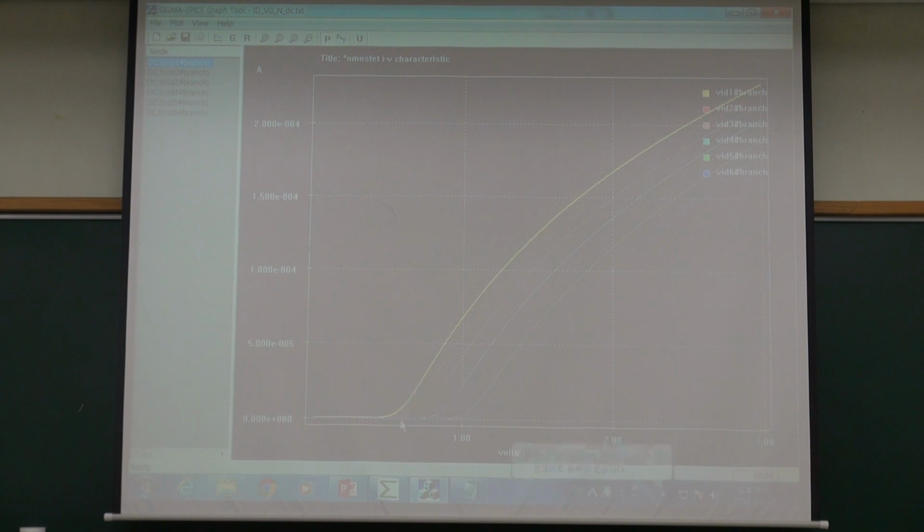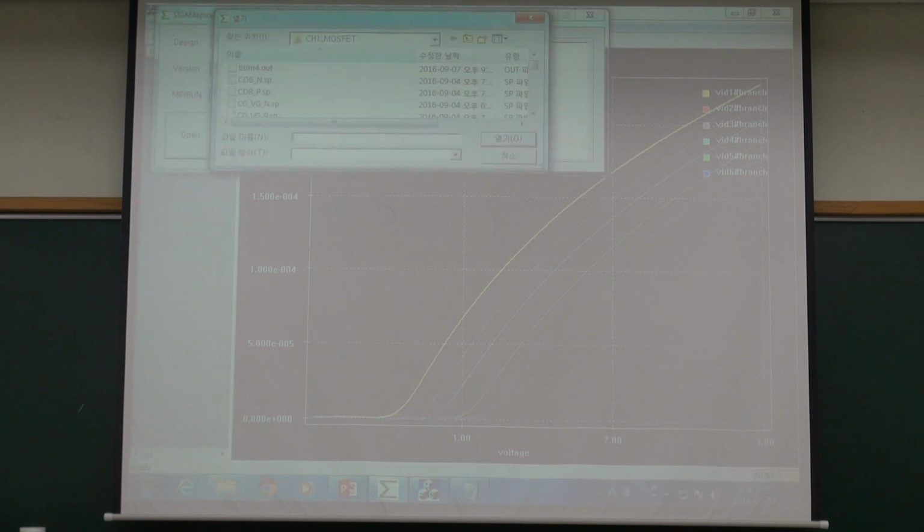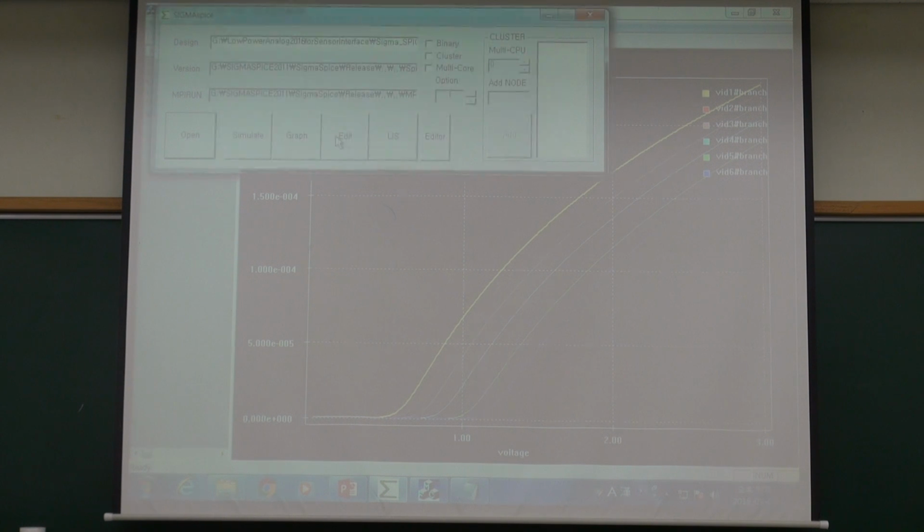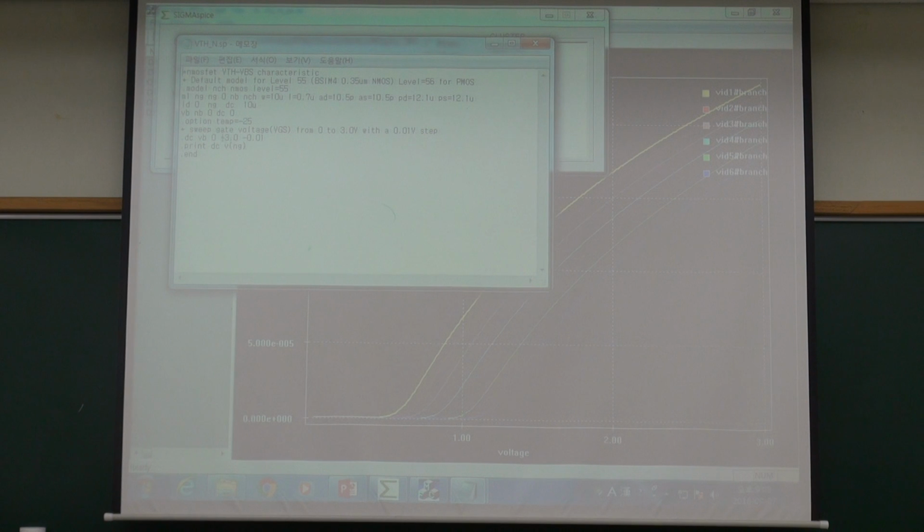What's the current level around here? Oh, this is around 7 microamp, right? If my current is 7 microamp, is it true? Yeah, maybe 6 microamp. Okay, then I can calculate my VTH in a different way. Okay, where is my VTH here? Oh yeah, here. So here, see, I edit it.